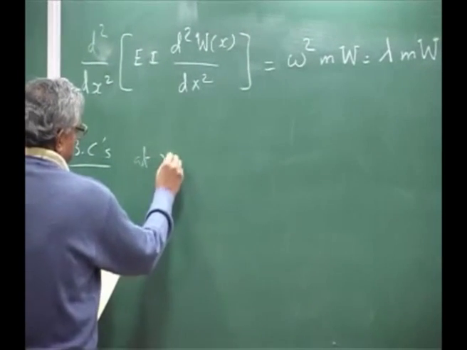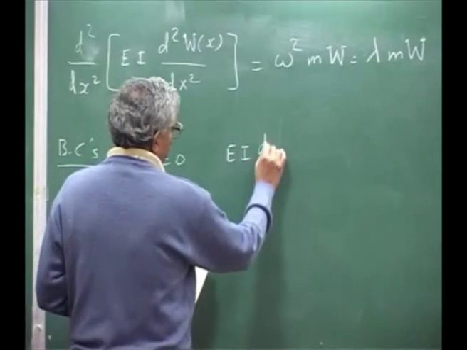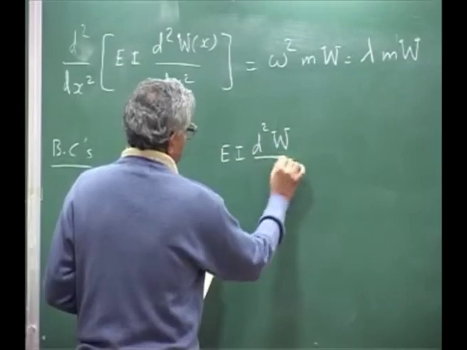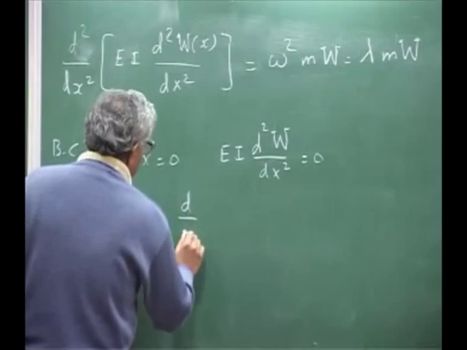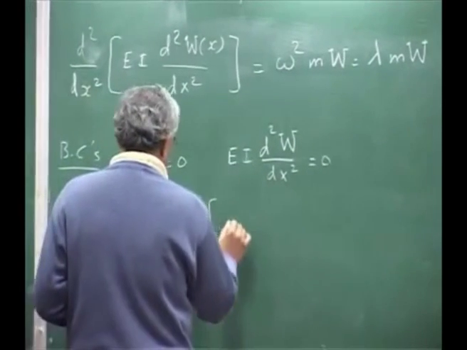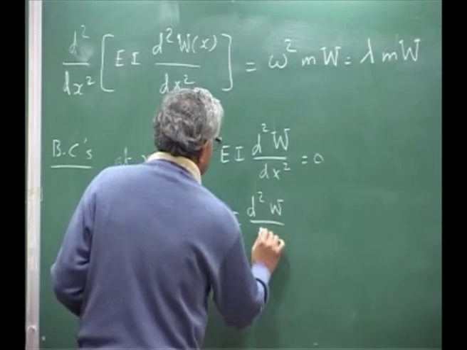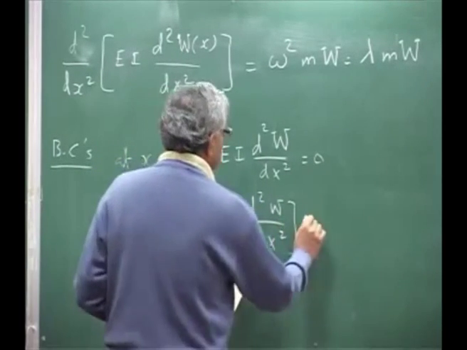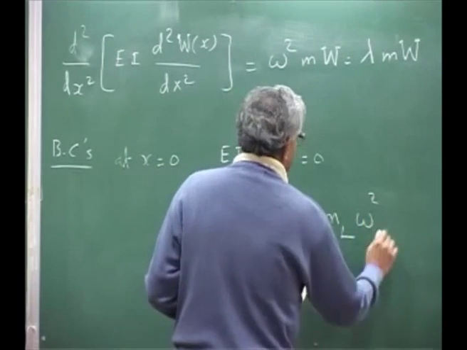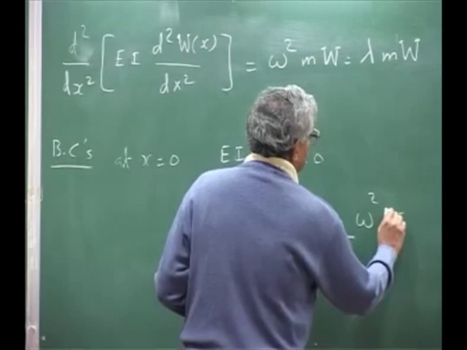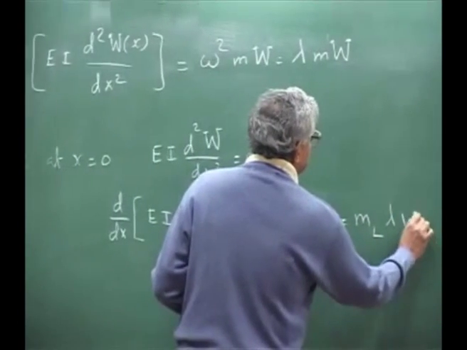at x equals 0, we had EI d square w by dx square is 0, and then d over dx of EI d square w by dx square equals m L omega square w, or you can write it as m L lambda w.